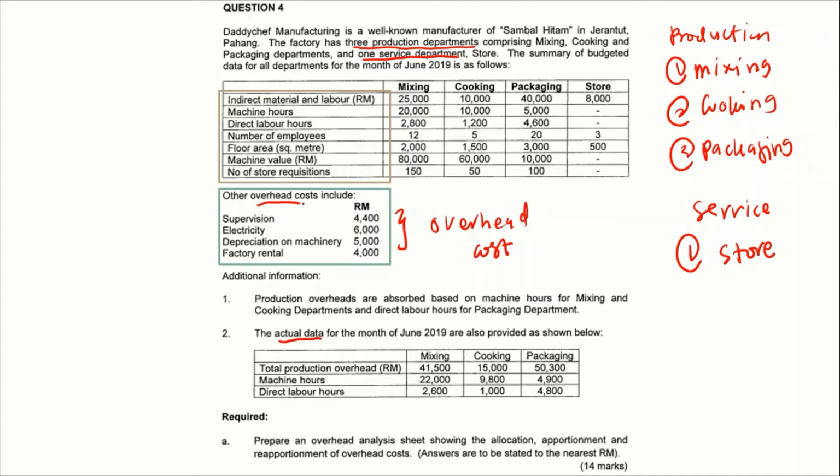The indirect material and indirect labor are other overhead costs, because they are stated as indirect. So you have identified the overhead costs, and now you can do your overhead sheet.